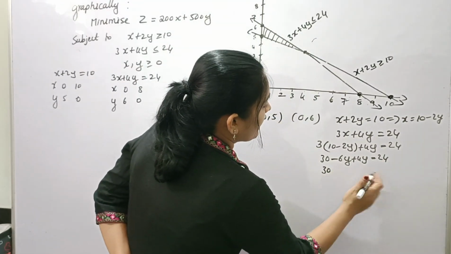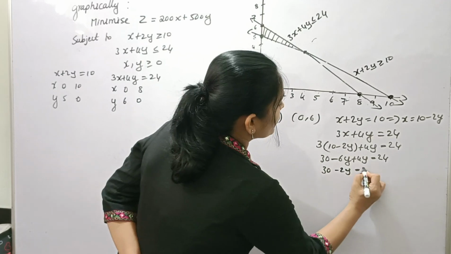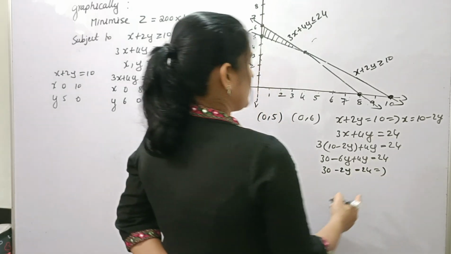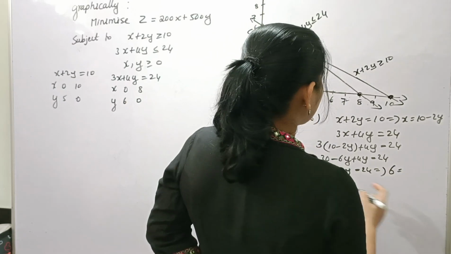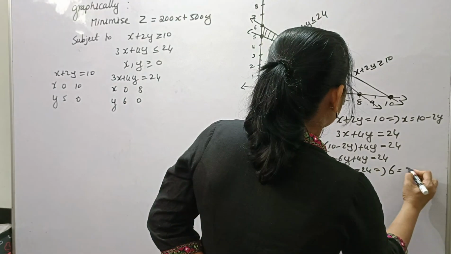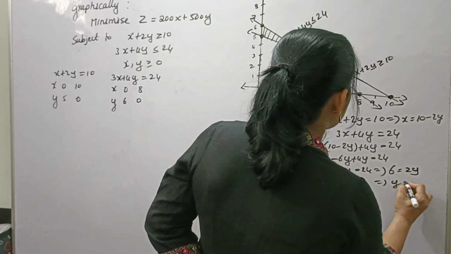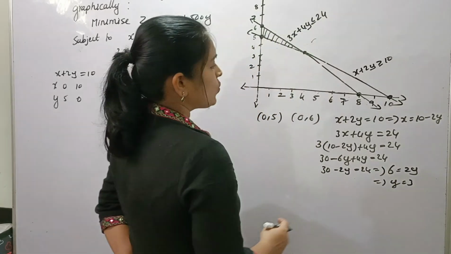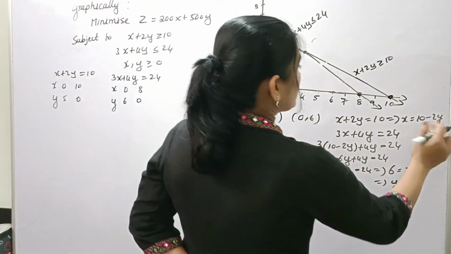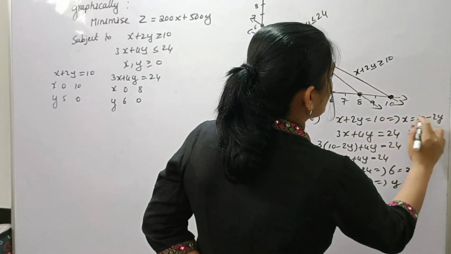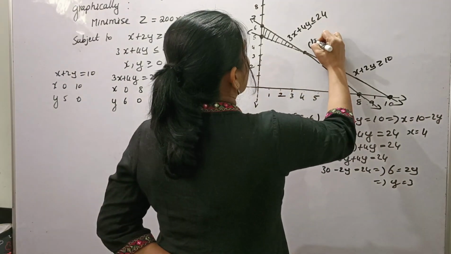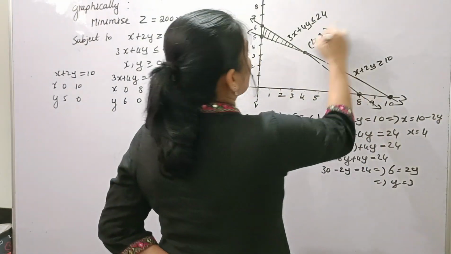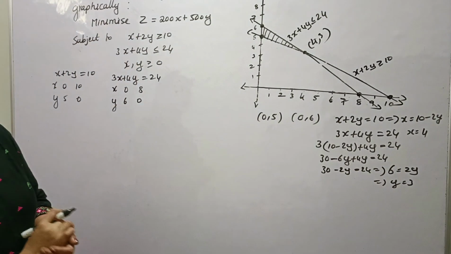That is 30 minus 2y is equal to 24. This implies, take this 24 here. So 6 is equal to 2y. That implies y is equal to 3. Substitute y is equal to 3 here. Therefore x is equal to 10 minus 6, 4. Okay. So this point is 4, 3.